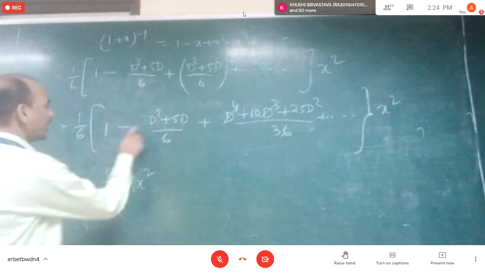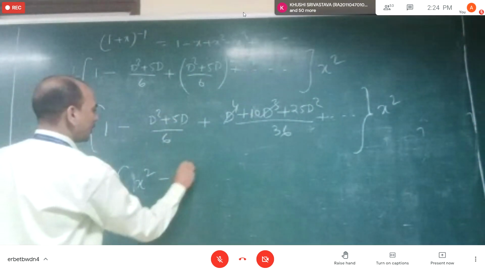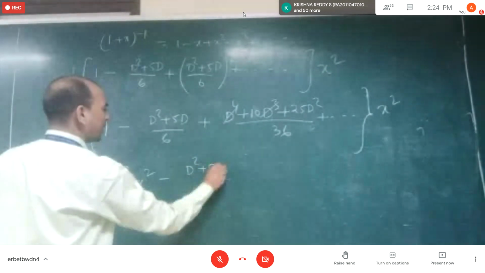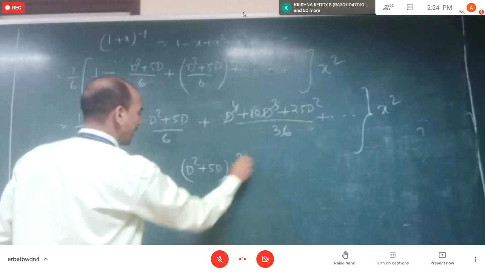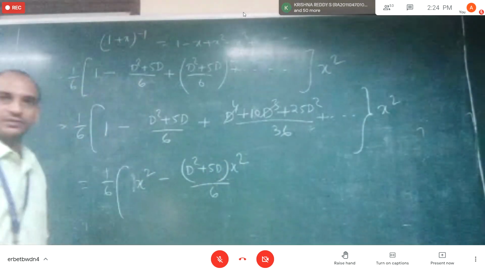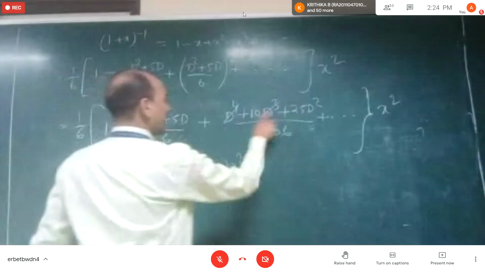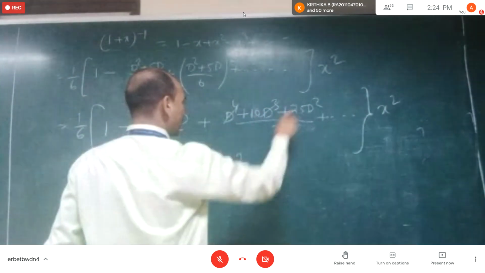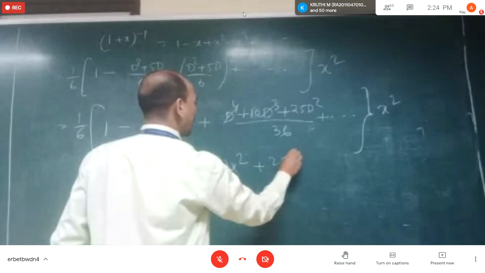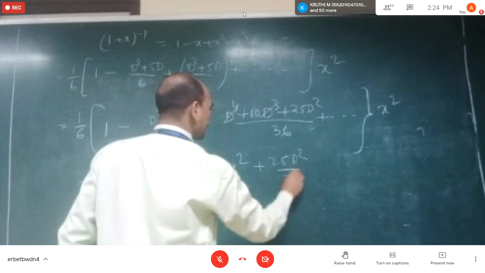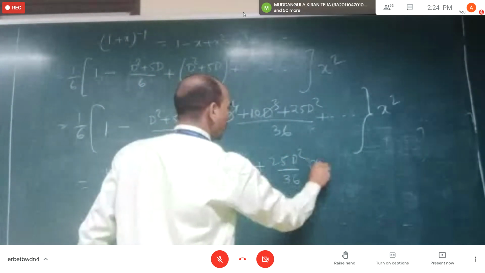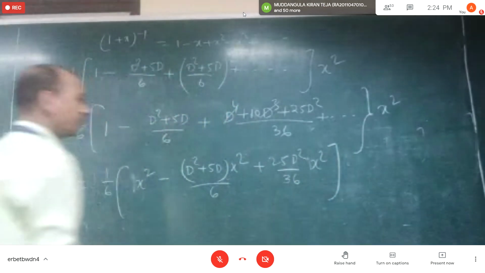And then minus d square plus 5d of x square divided by 6. And then here these two things will be 0, so no need to write, plus 25 d square by 36 into x square.